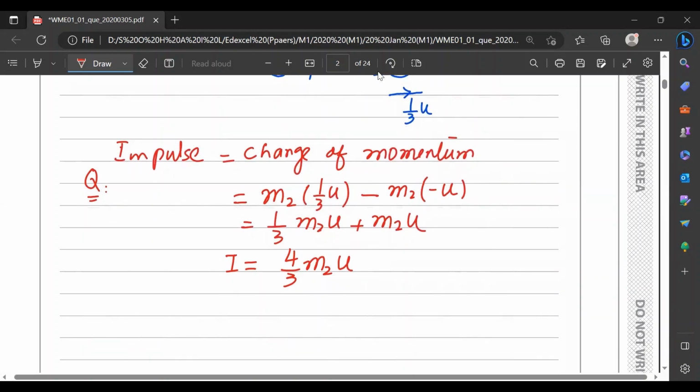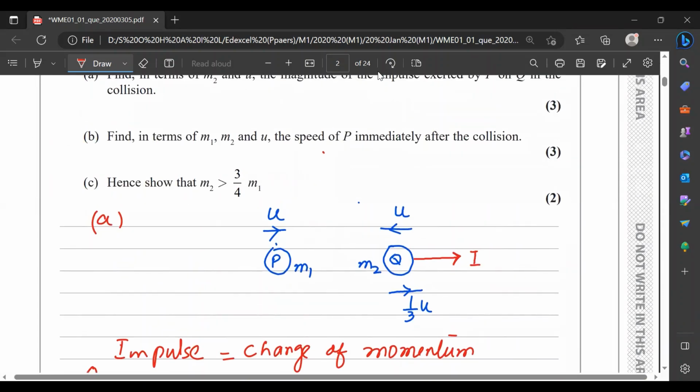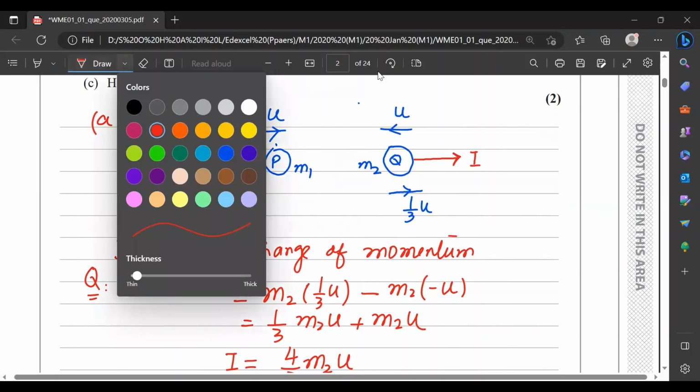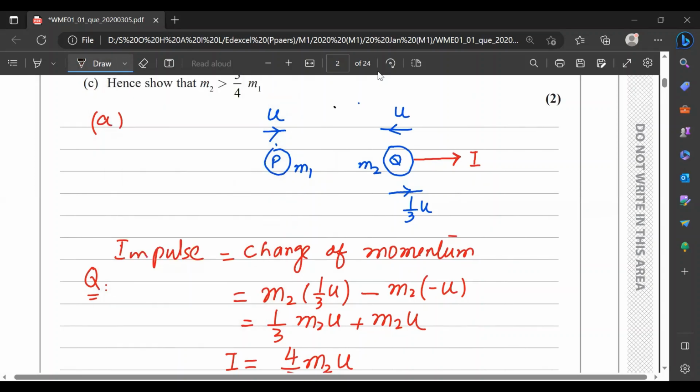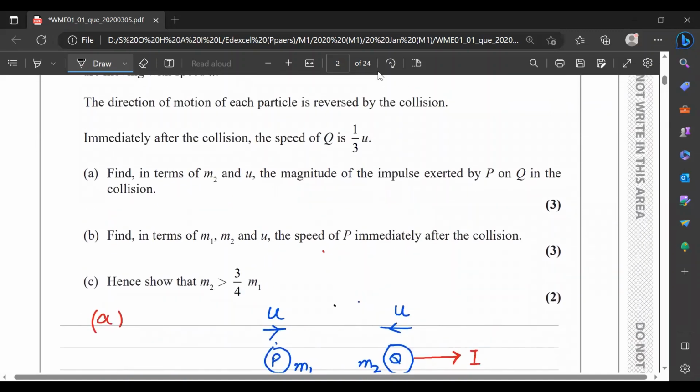Part A done. The second part is to find, in terms of m1, m2 and u, the speed of P immediately after the collision. Let Vp be the speed after the collision. As mentioned, after the collision the direction of motion of each particle is reversed.